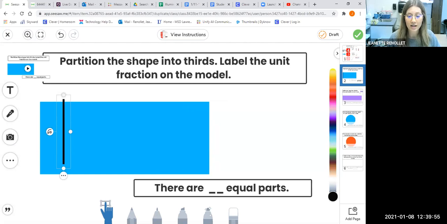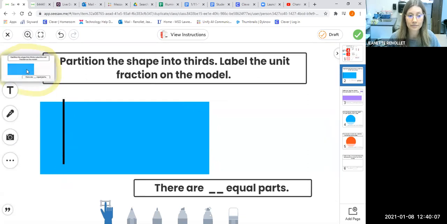On each slide, there is a video of the directions. You can click play to listen. Partition the shape into thirds. Label the unit fraction on the model. There are blank equal parts.